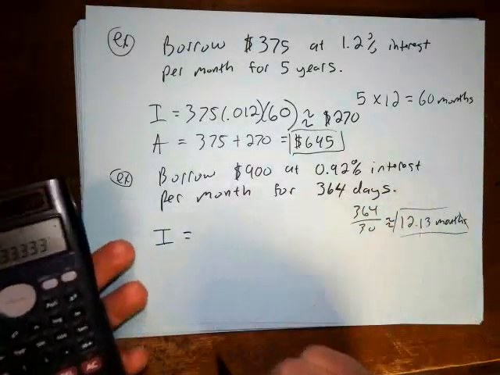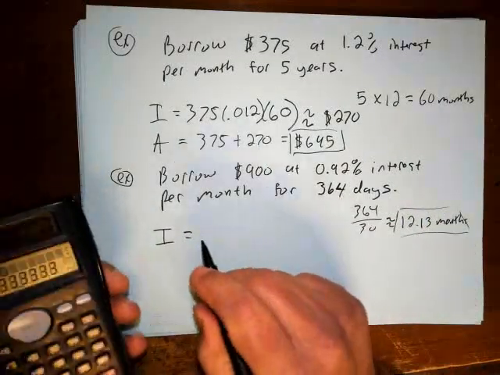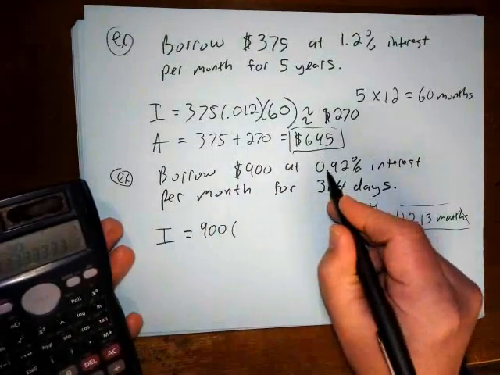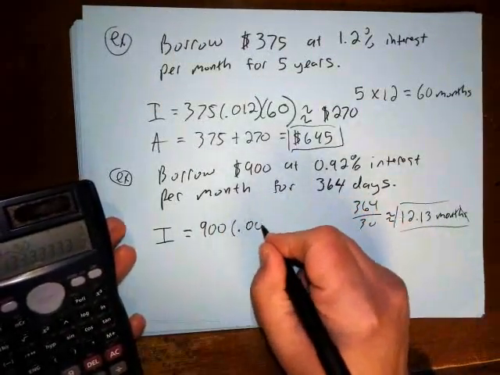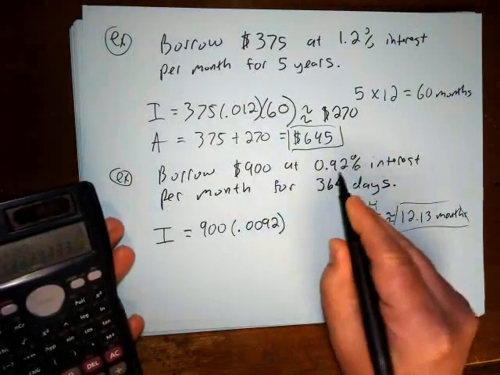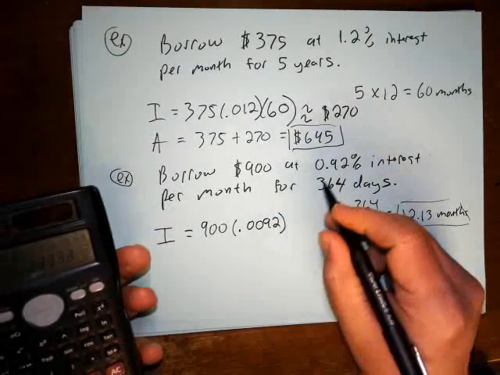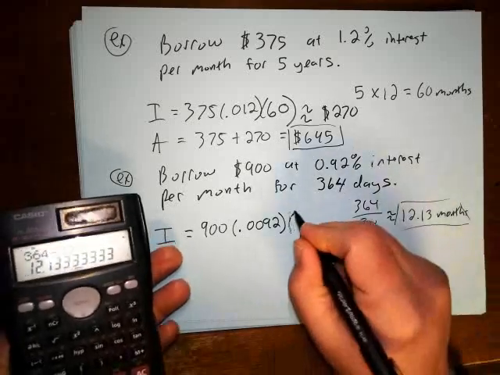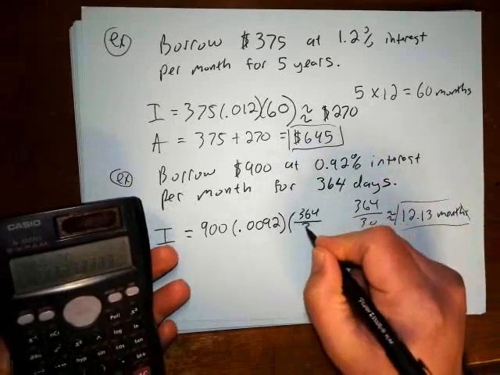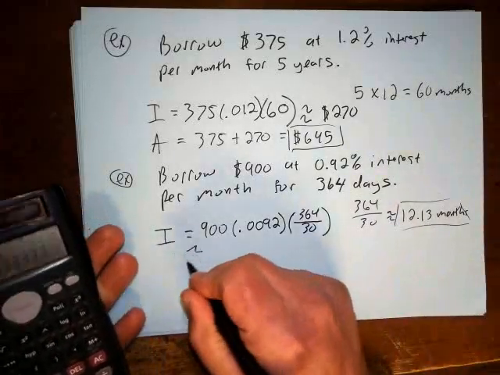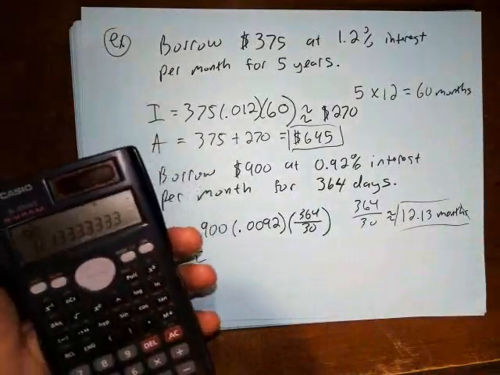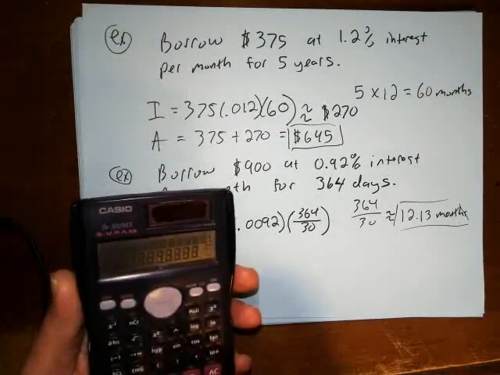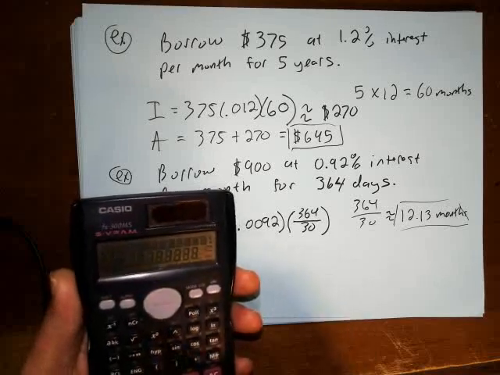So that was probably a little confusing to use something so close to a year. But that's okay. So we got 900. Remember, I got to move the decimal point over, so this actually has 2 zeros, 92. It's less than 1%. It's 0.92%. And then I don't want to use the rounded version, I'm just going to write 364 divided by 30. So this would be 900 times 0.0092 times 364 divided by 30.